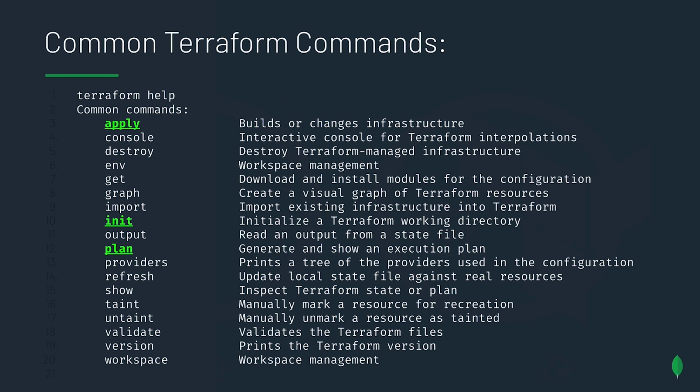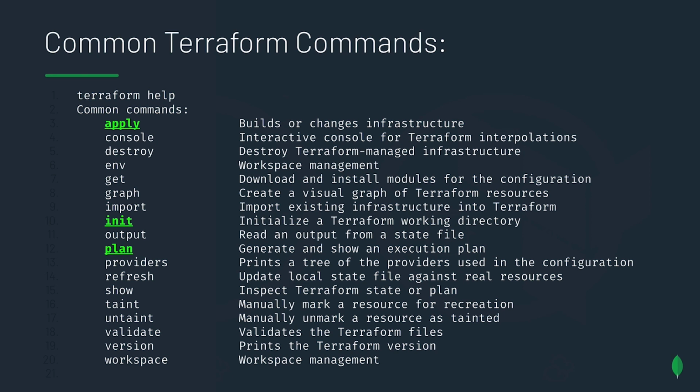If we create those files, we initialize it, and then we execute Terraform plan, Terraform will output the plan that it intends to use to get our configuration deployed. You should always check Terraform plan before you apply any Terraform configuration, because obviously you don't want to delete or create anything that you didn't mean to.